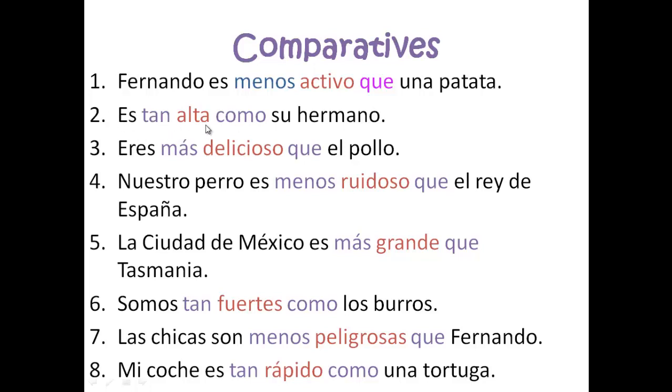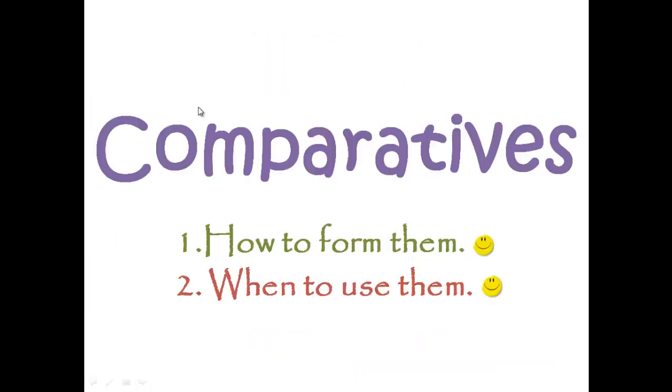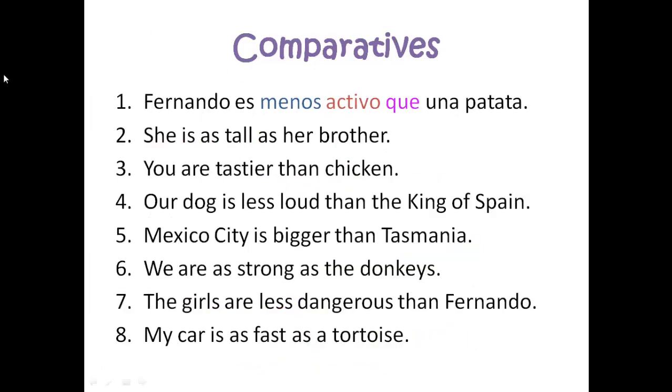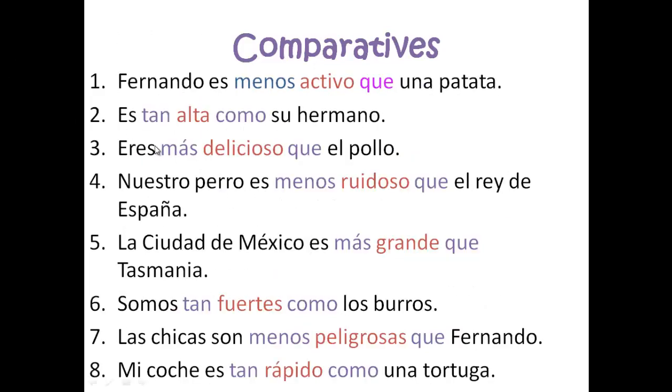Now look here, the reason it's alta and not alto is because we know it's a she it's referring to, so this has to be in the feminine singular form. This was there to trick you. Even though it's talking about her brother, which is masculine, the adjective is not describing the brother, the adjective is describing her. So it's es tan alta como su hermano. Okay? So it goes backwards like that.